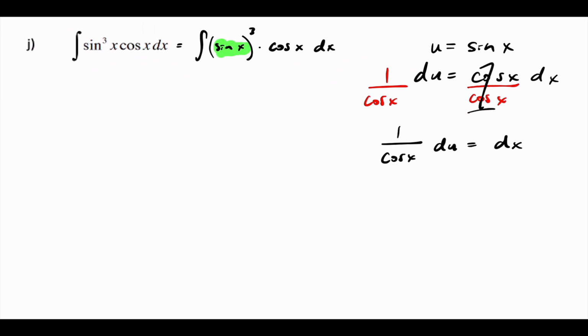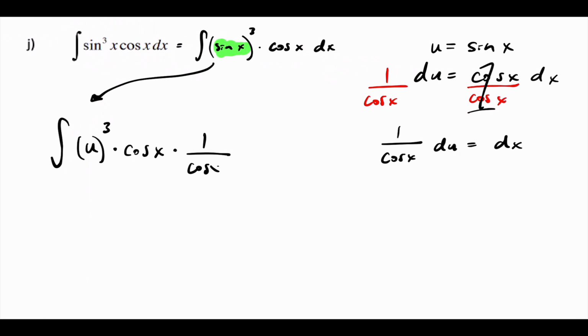So let me plug in what I got. Instead of sine of x, that's u. So it's going to be u to the third power times cosine of x is still there, dx. dx is now 1 over cosine of x du.